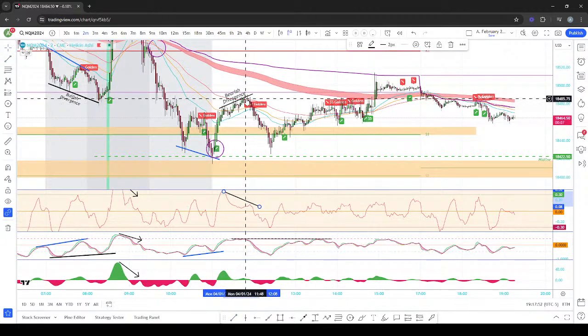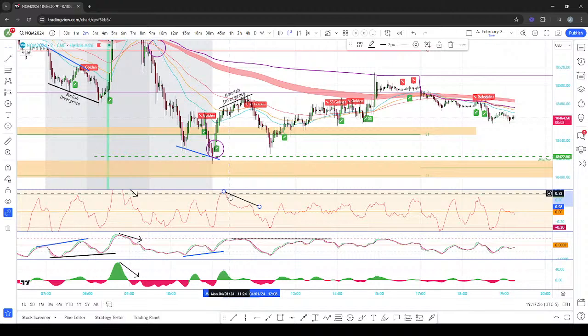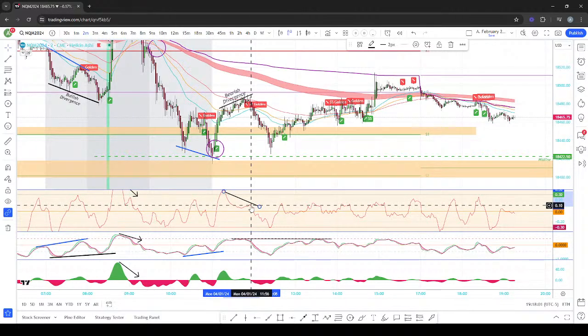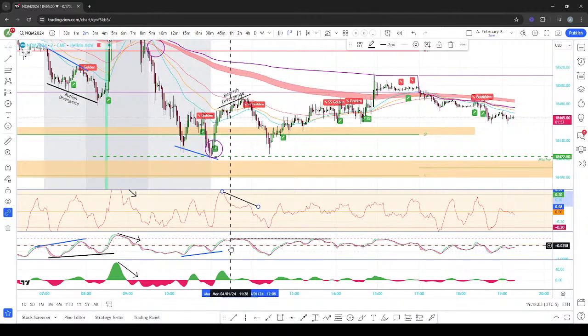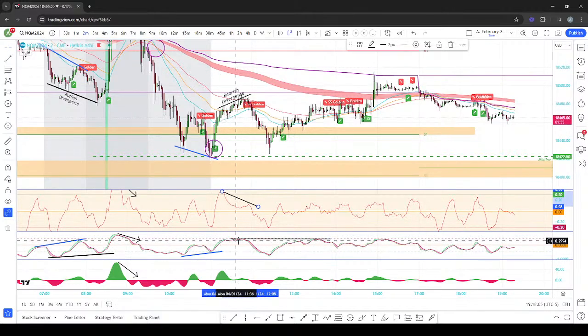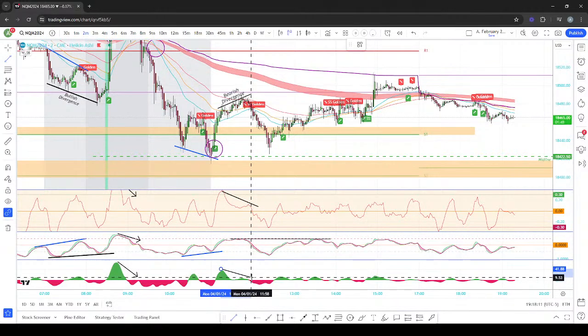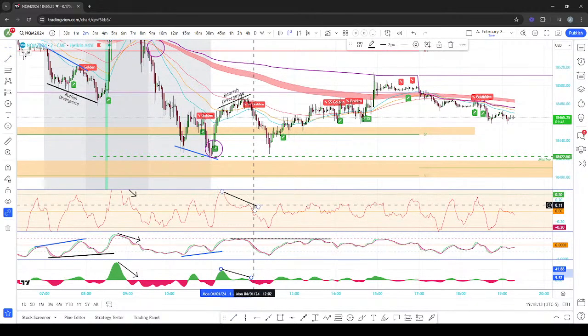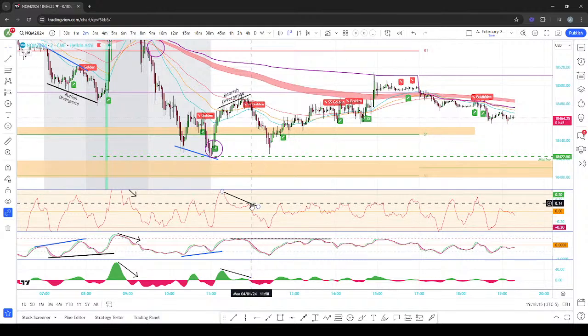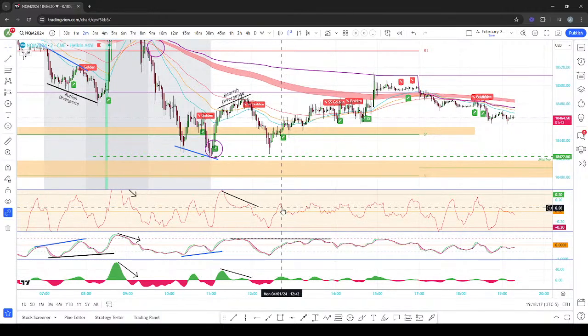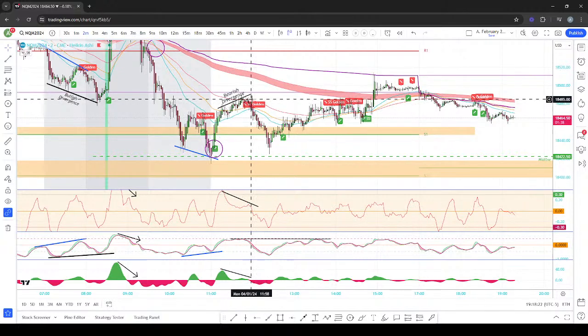So price is giving me higher highs, and the shift in momentum on the oscillator is shifting down. It's a lower low. Not getting that on the TSI, but I am getting it on the TTM squeeze right here. So I only need to see divergence on one of these three oscillators, but if there's more, it just adds to the confluences right here.